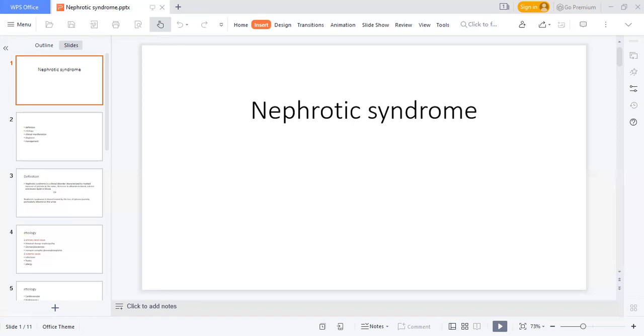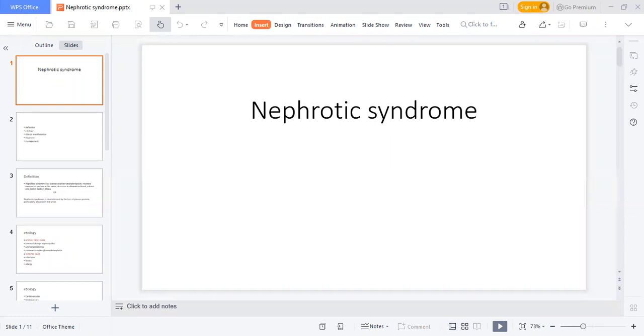And how will we diagnose nephrotic syndrome? Palpation of the kidney is not favorable due to edema and ascites. So due to edema and ascites, palpation on the kidney is not possible, but we can do urine analysis.